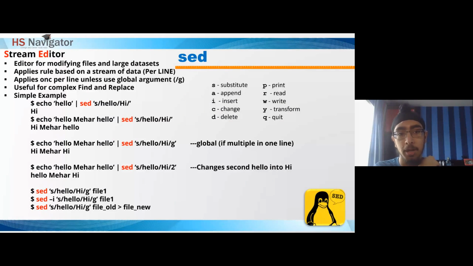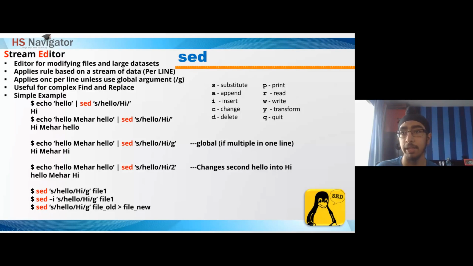It's an editor for modifying large files and large data sets. It applies a rule to a stream of data line by line, and I'll explain what that means in a little bit. It applies that rule once per line unless you use a global argument. What it's almost always used for is really complex find and replace operations.